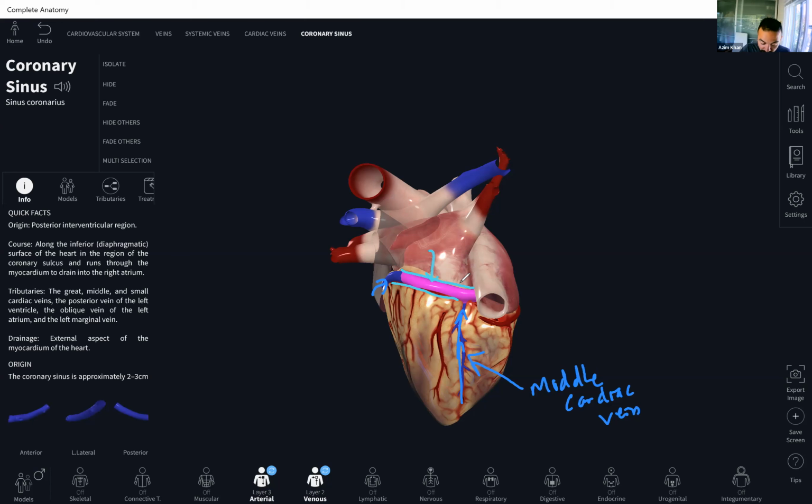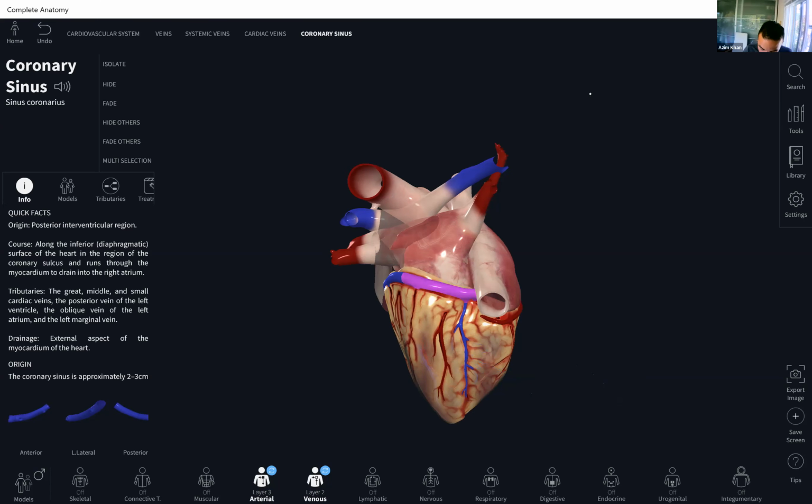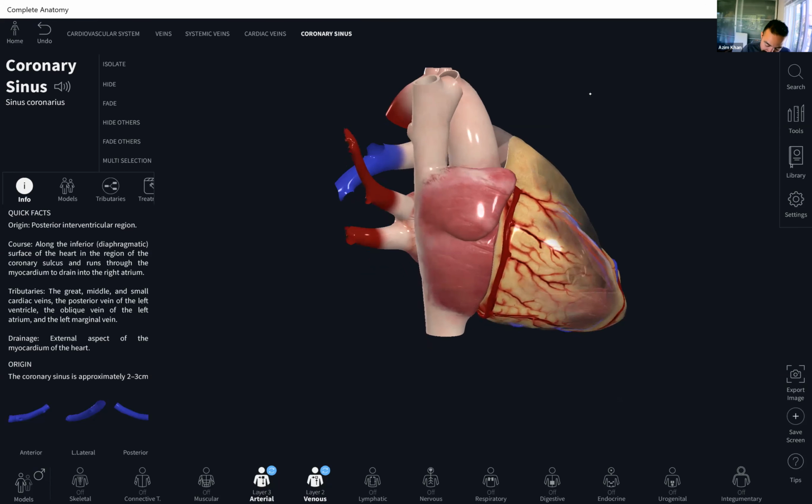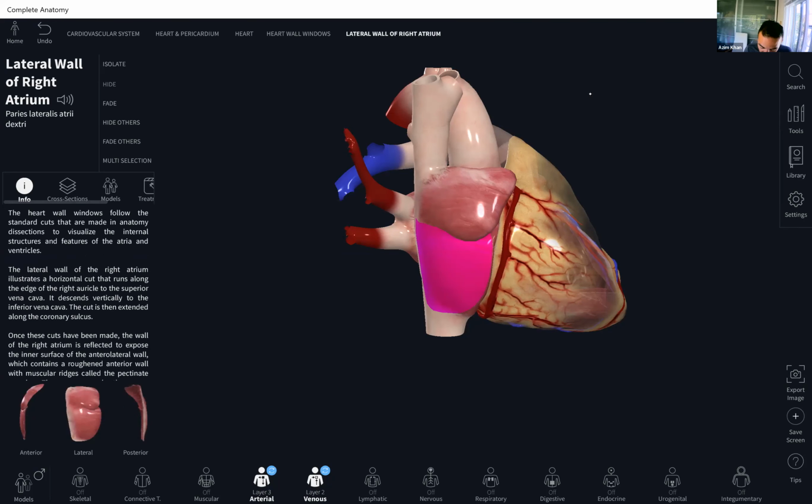I just want to prove to you that the coronary sinus drains to the right atrium. So let's rotate this a little bit. I'm going to hide this portion of the auricle of the right atrium so we can look inside. And you can see it there. Draining from here is the superior vena cava.